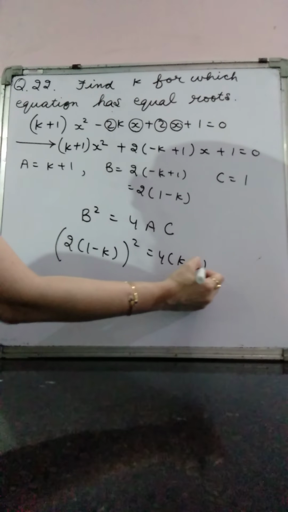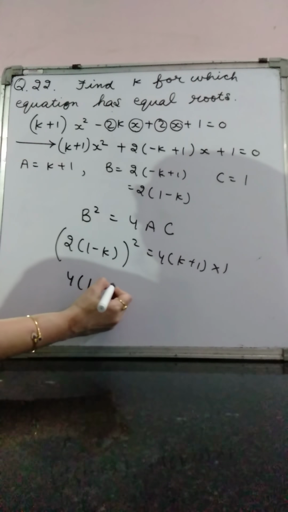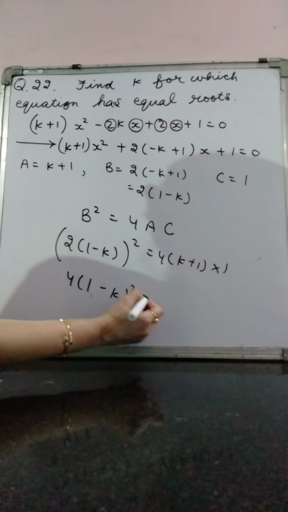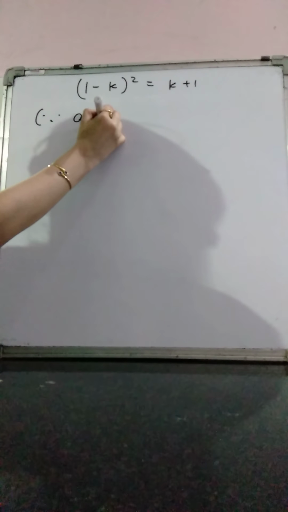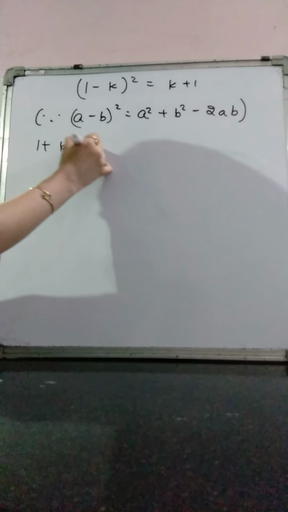Substitute value of a and c. The value of 2 square is 4. Cancel 4 on both sides. Now apply the identity: (a minus b) square is a square plus b square minus 2ab. 1 plus k square minus 2k.